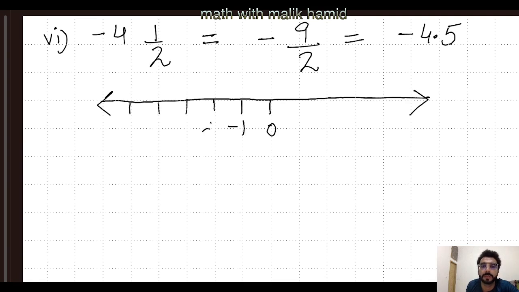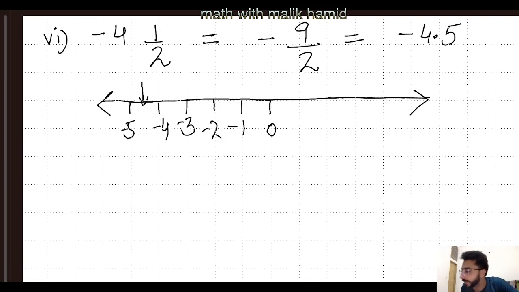So it is simply negative 4.5, so it will be exactly between negative 4 and negative 5.